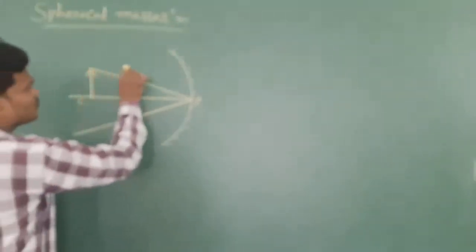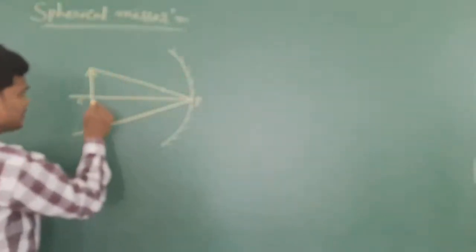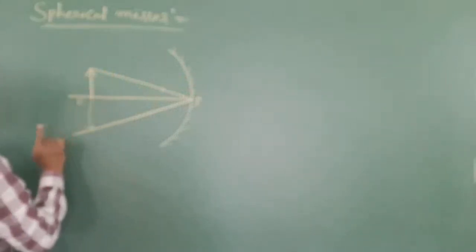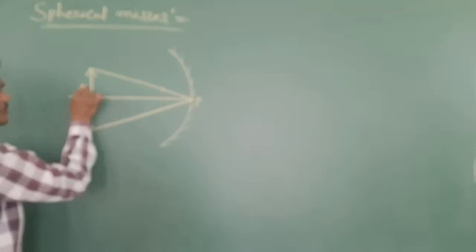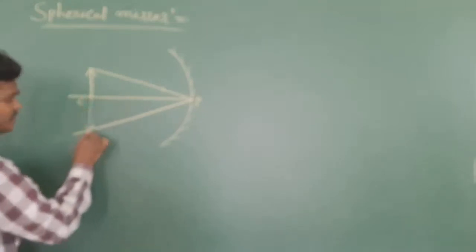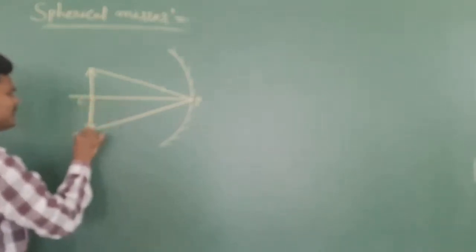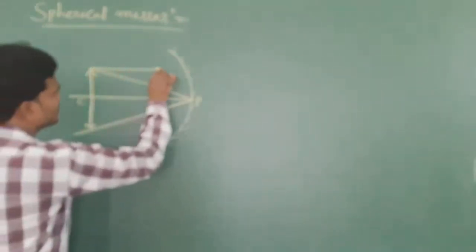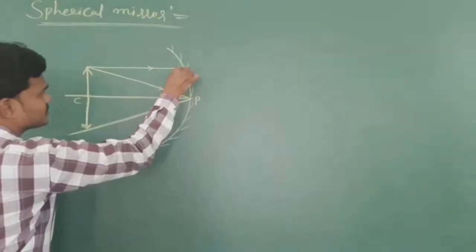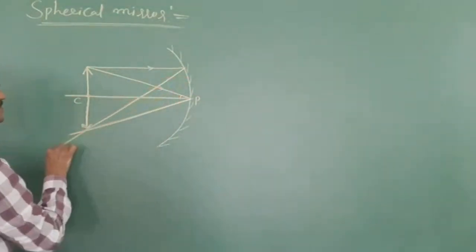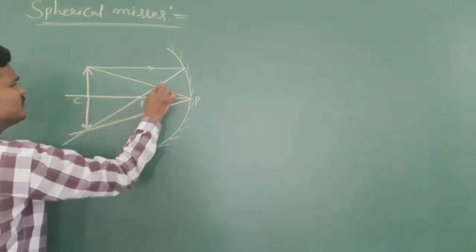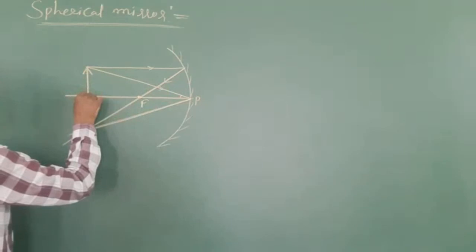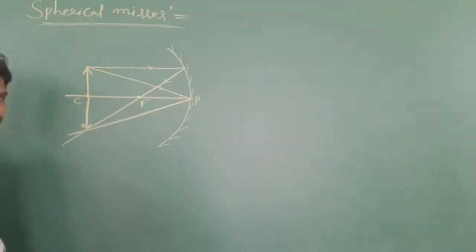You can draw one more diagram also. But here, if I extend, almost the size of image is equivalent to size of object. So if this is 1 meter, this is also 1 meter. Now maintain a point. We can draw one more ray also, which strikes the principal focus. So if the size of the object is 1 meter, size of image is also 1 meter.